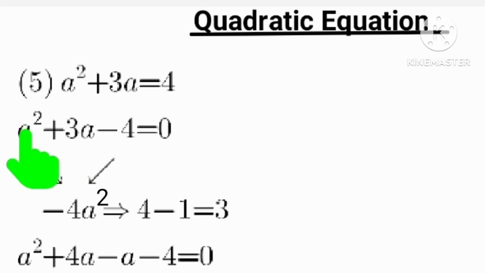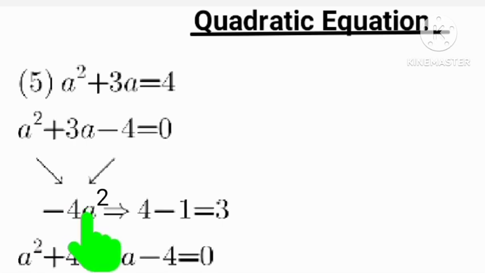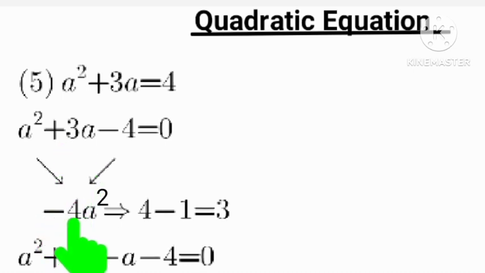So after multiplying the first term and the third term, you need to look for the factors of whatever you get. In this case, negative 4a squared, but leaving out the a squared, it's negative 4. The factors of negative 4 multiply to give negative 4, but add to give 3. If you follow your knowledge of mathematics, you know 4 times 1 will give us 4.